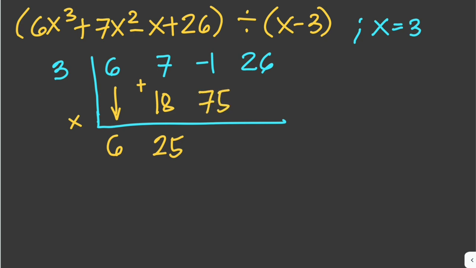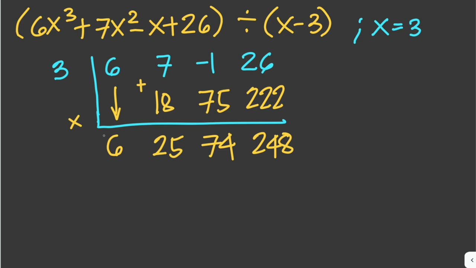Then -1 plus 75 is 74, and 74 times 3 is 222. And then 26 plus 222 gives us 248.